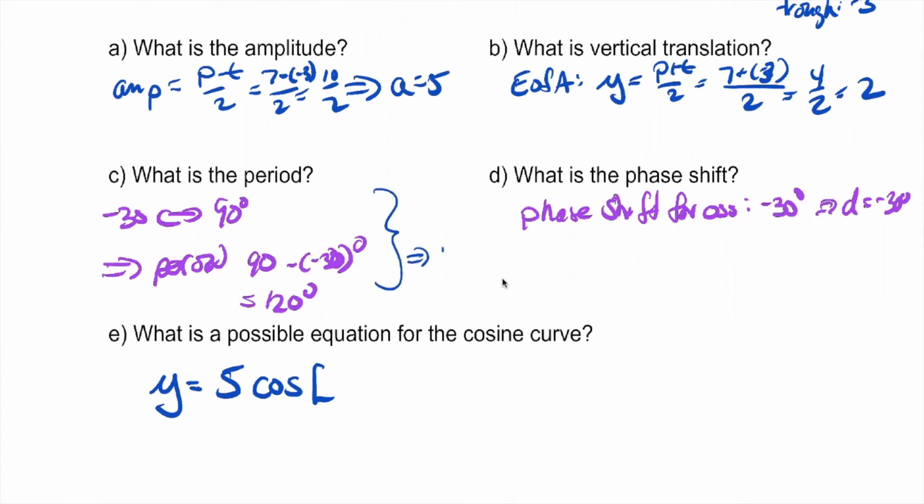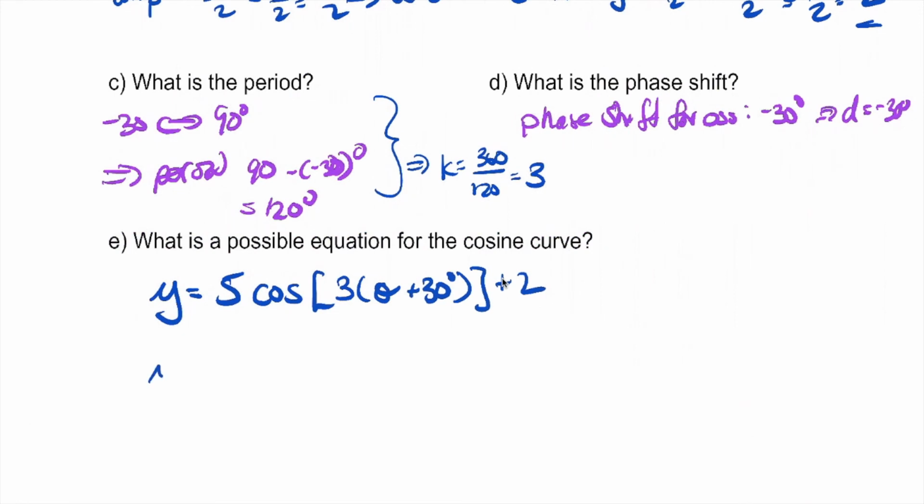This implies that k is 360 divided by my period, which is 120, so k is 3. My phase shift for cos is a negative 30, so this is going to be theta minus a negative 30, which becomes theta plus 30 degrees. Remember the degree sign. And our vertical translation here is 2, so that's going to be plus 2.